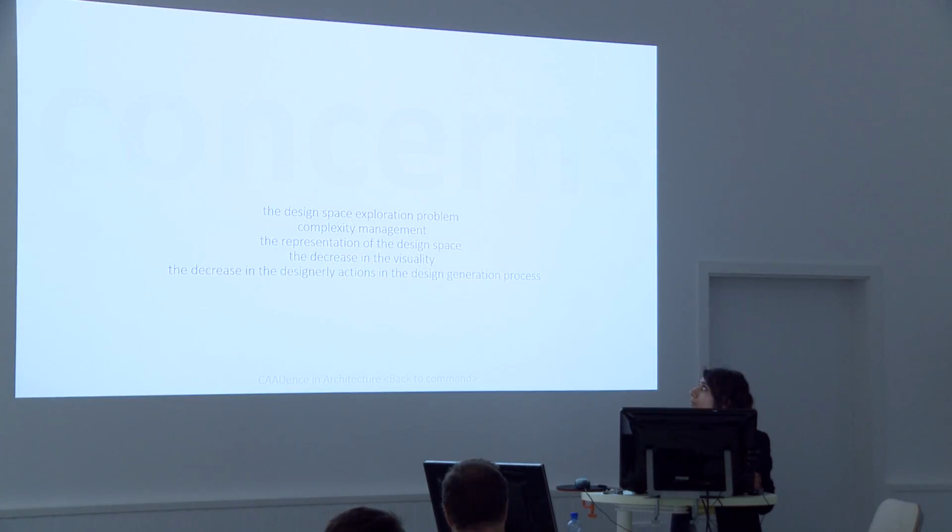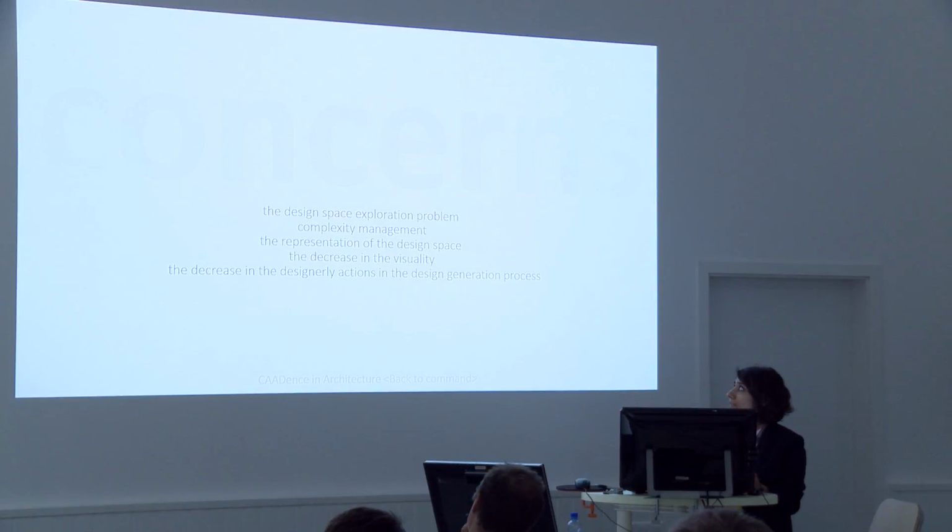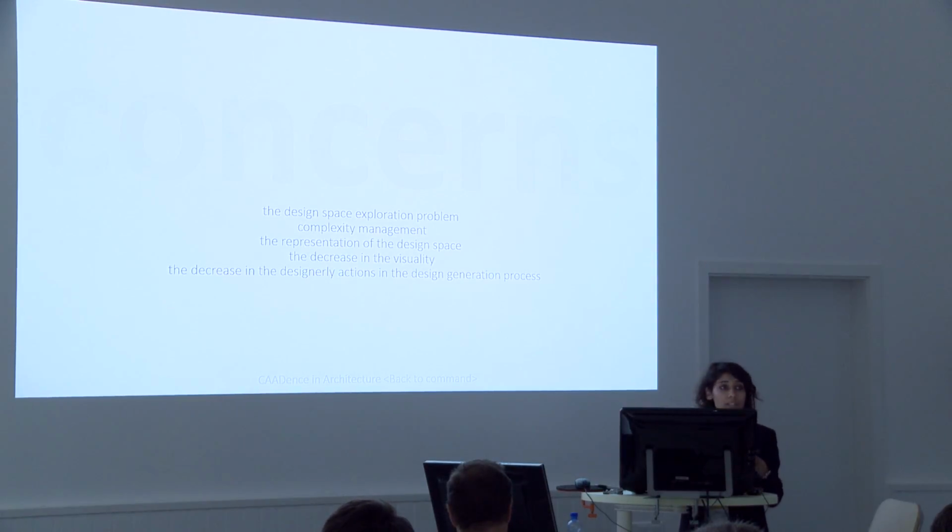So, when we move on to the concerns of this research, basically we should say that this is the design space exploration problem as well as the complexity management problem and the representation of the design search space. According to these concerns, we see a decrease in visuality due to generation methods and processes.